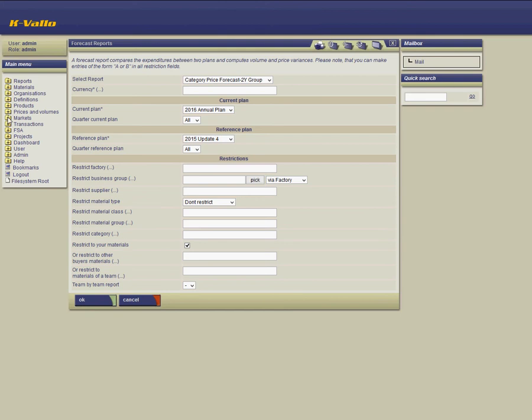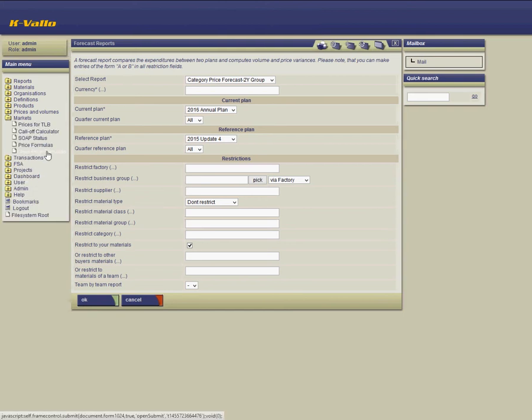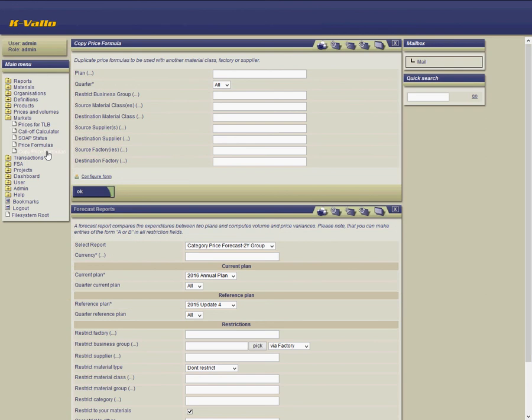So we go into the plan, and we are going to copy the price formula we had in the last quarter.